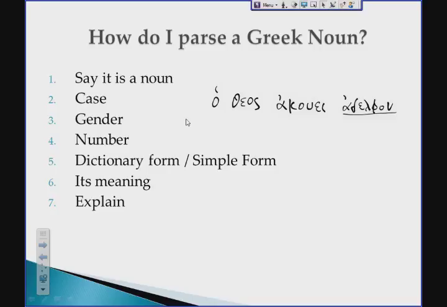If it is a genitive, your explanation will tell me it's a genitive of source, or of relation, or of possession. If it's a dative, you will tell me it is a dative of advantage, or an indirect object, and so forth. So this is how we analyze a Greek noun.